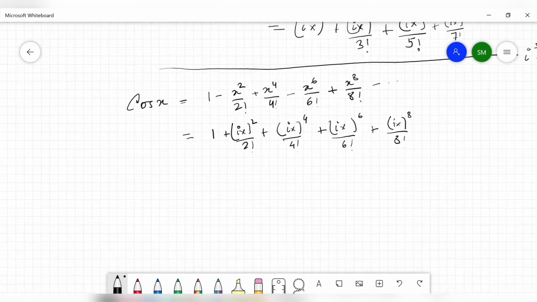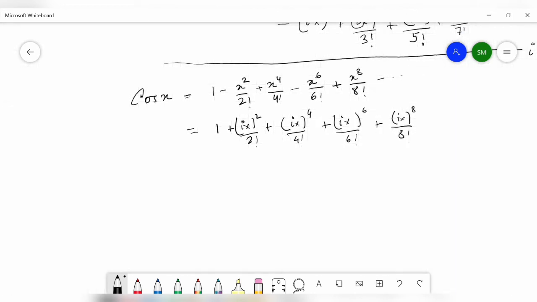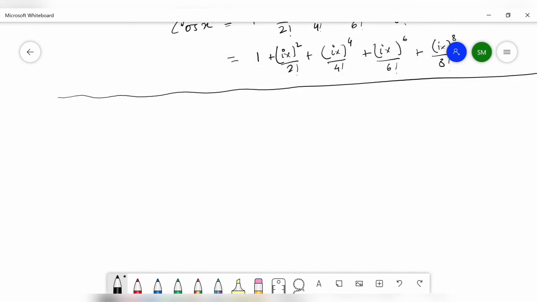So what it means is, now if I add these two, right? I have written sin x in terms of ix, and cos x also in terms of ix. So now let me put another big divider here, and if I just start writing cos x plus i sin x, because you remember I multiplied the sin x formula with i, and now you get something very similar, right?